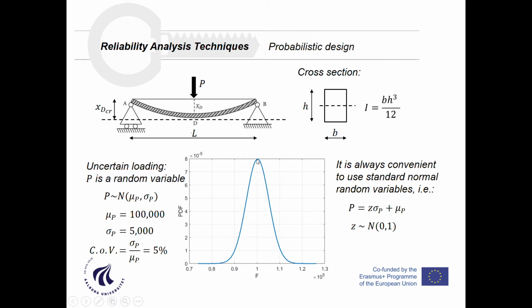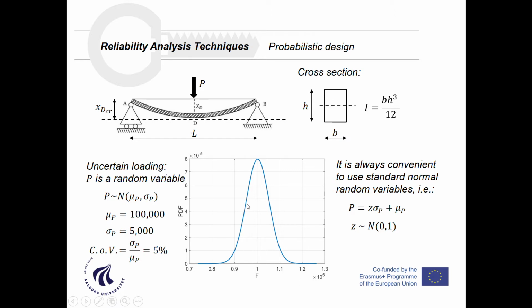So now the load not only can take the value that we showed before, it can always be larger or smaller than that. So which value we will take in order to design our beam is not as clear as before.